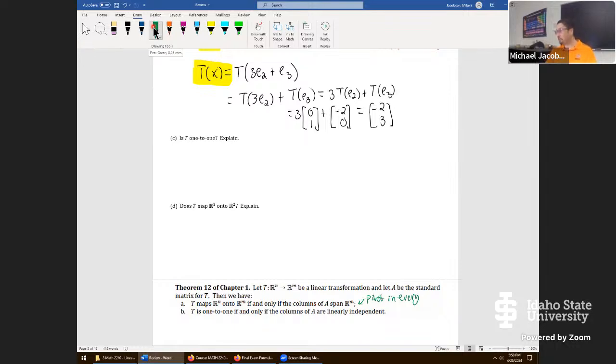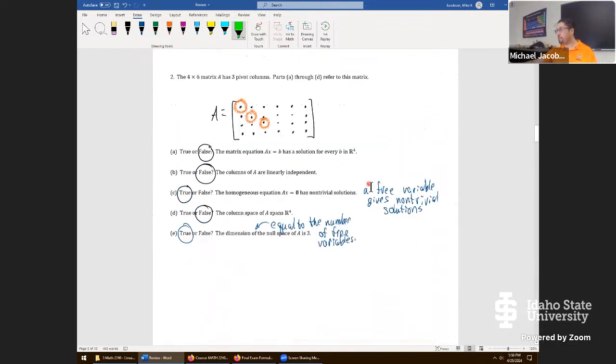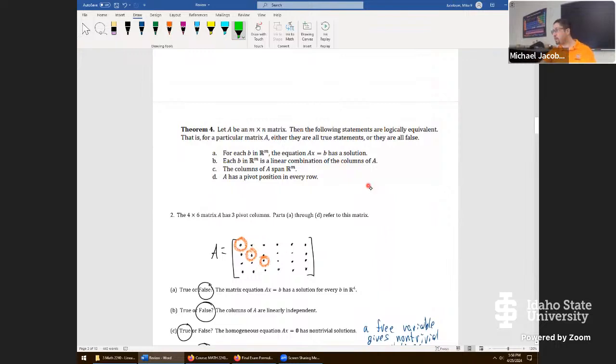It's definitely confusing in a way. The way I try to remember this one because of the confusion is, I think of the onto statement right here as being equivalent to the statement right here. Onto means you will always have a solution, no matter what. But then it relates to spanning and the fact that we have a pivot position in every row. So that's how the ideas can connect.